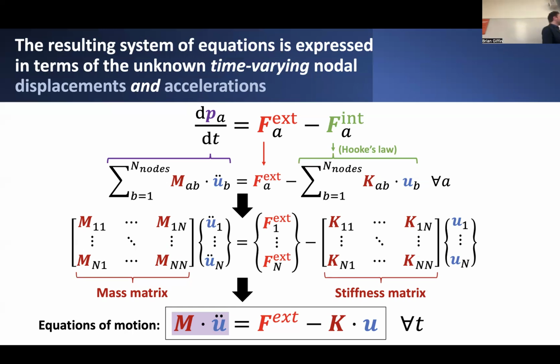So the only difference we introduce is that we have this new mass matrix now. We have this vector of all the nodal accelerations, and effectively we get something that looks like mass times acceleration is equal to the external forces minus internal forces, or the unbalanced forces.